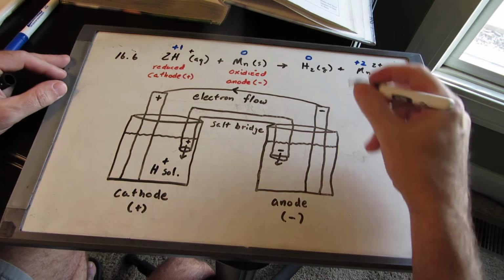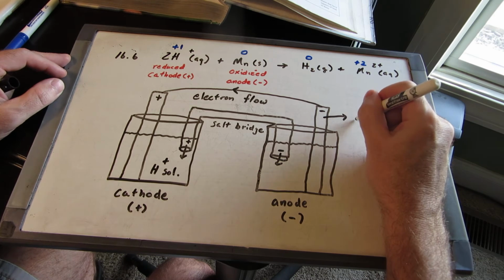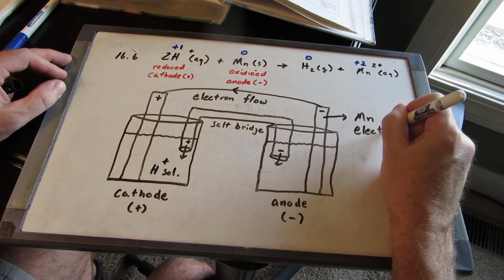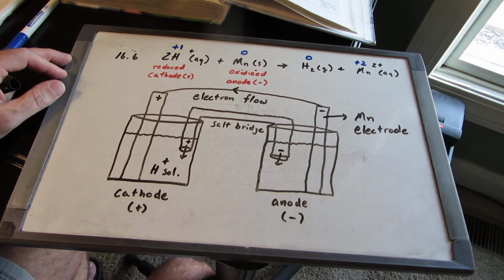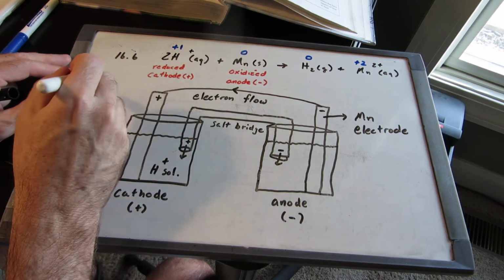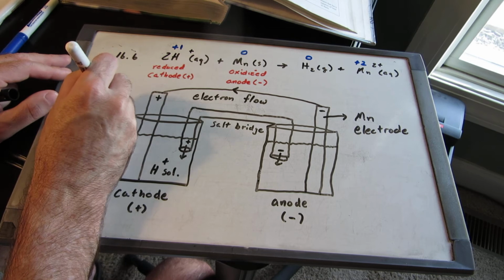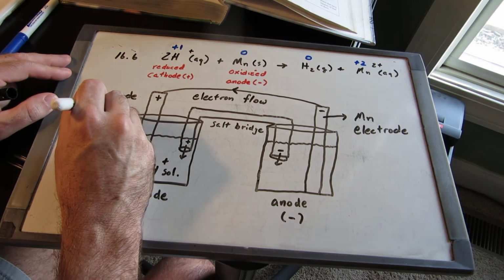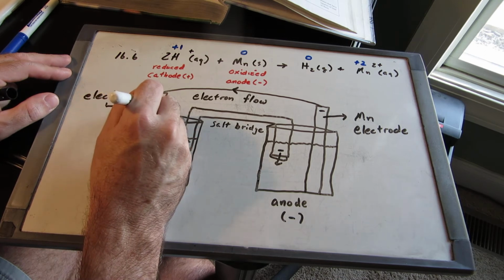But the manganese is solid, so we know that this electrode is made of manganese. We don't know what this electrode is made of. Any kind of metal. Probably zinc, but we don't know. It could be a lot of different kinds of metals.